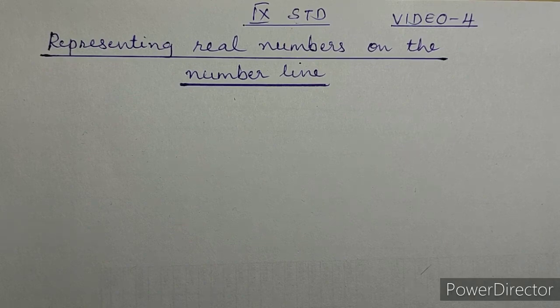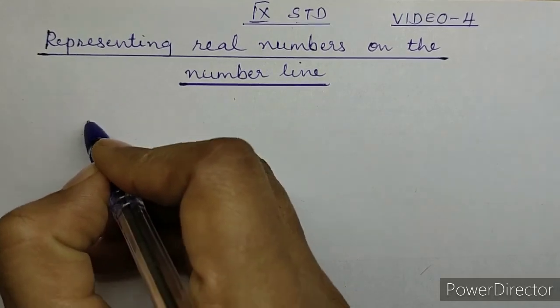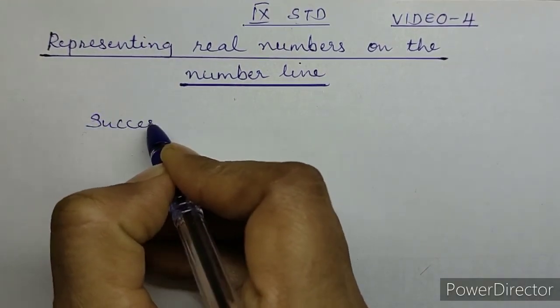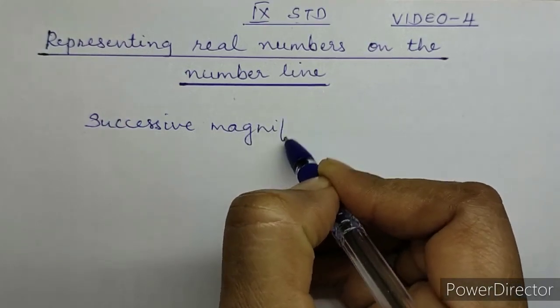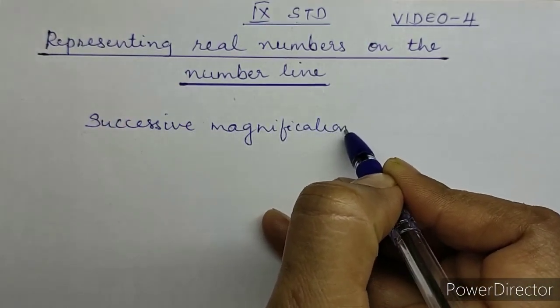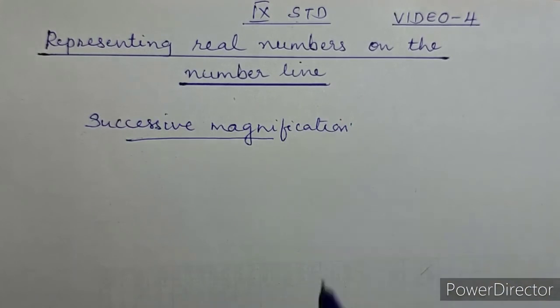The method we are using is successive magnification. Using successive magnification, each number gets a correct point on the number line.